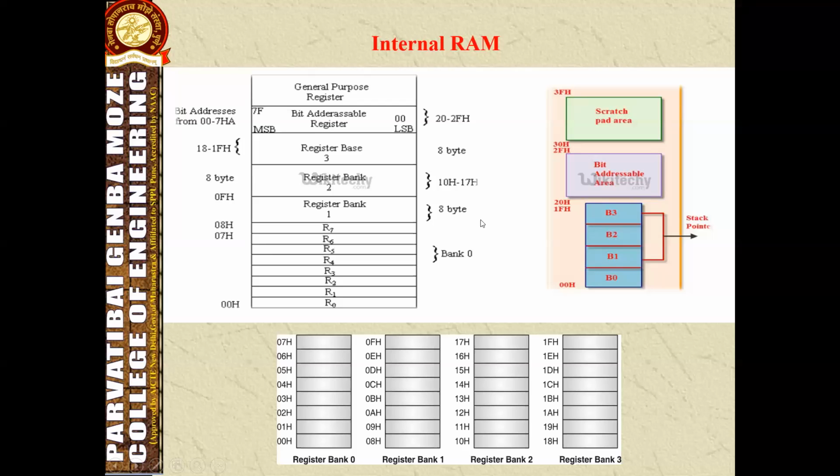If none of the register banks is selected, then the programmer can use the area from 00H to 1FH as simple scratchpad RAM or general purpose RAM. If we have not selected any particular bank for our use case, the programmer generally uses 00H to 1FH as general purpose RAM.